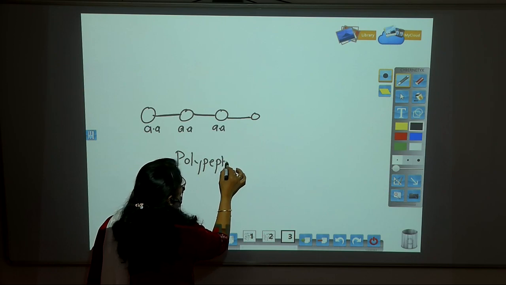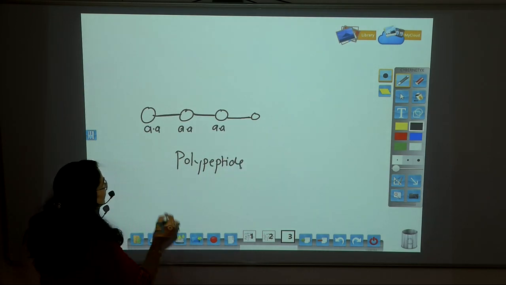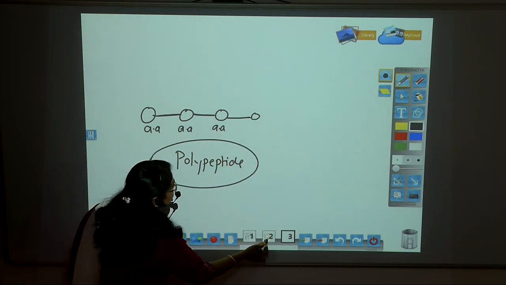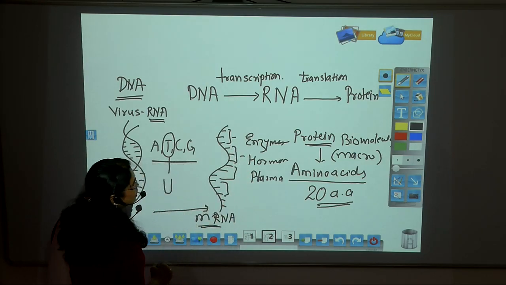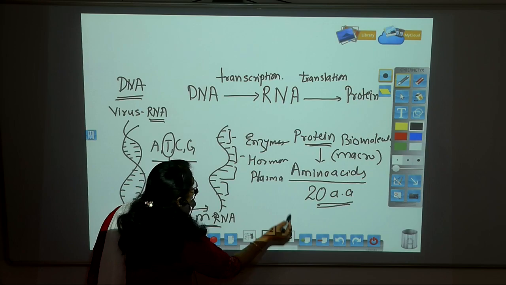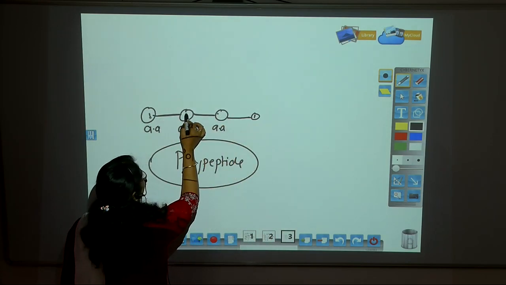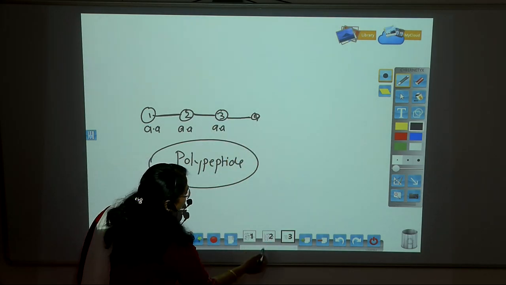Now in this single polypeptide chain, suppose there are 1, 2, 3, 4 codes present on the messenger RNA. There will be 4 amino acids linked to form a polypeptide chain.